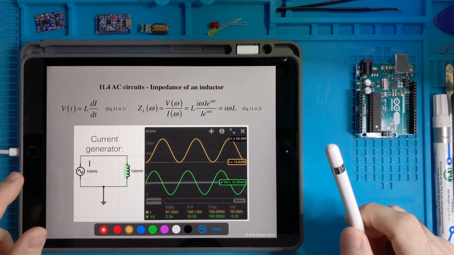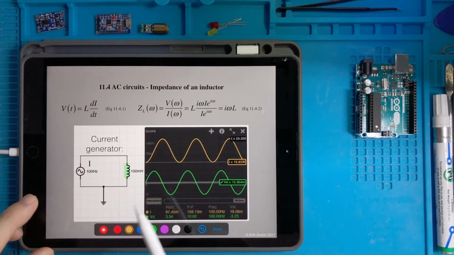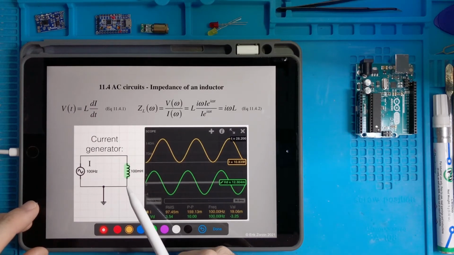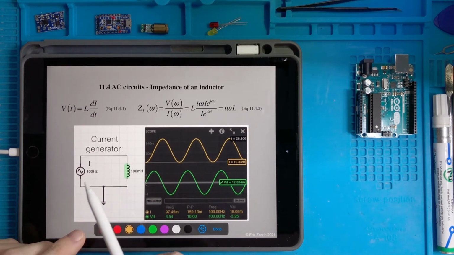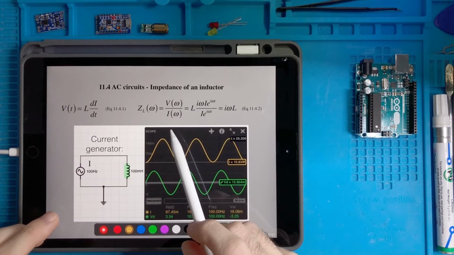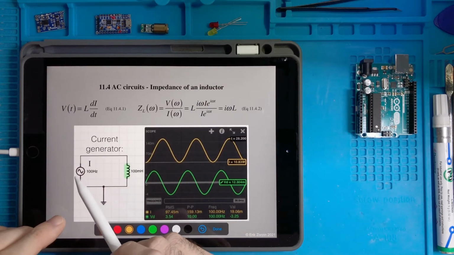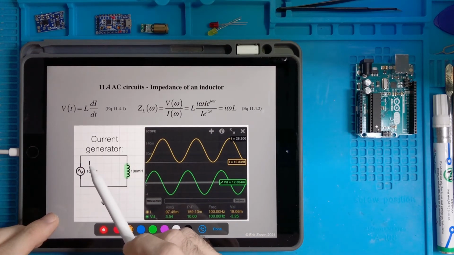So similarly, we can analyze this other case, an inductor. This time, to make the calculation simpler, I substituted a voltage generator with a current generator.